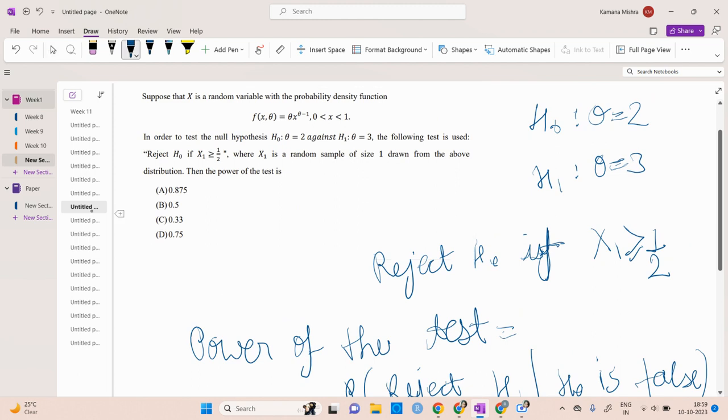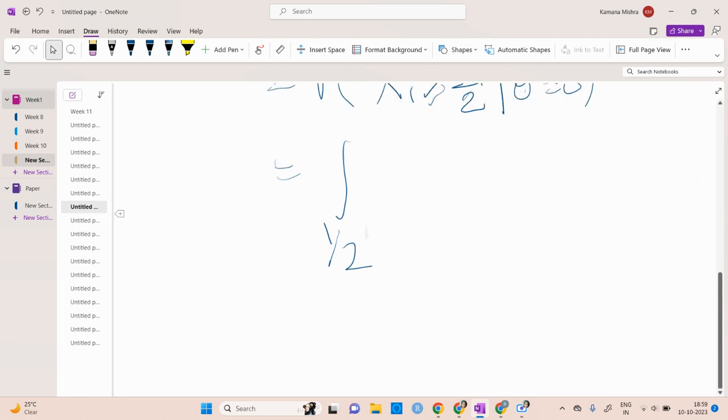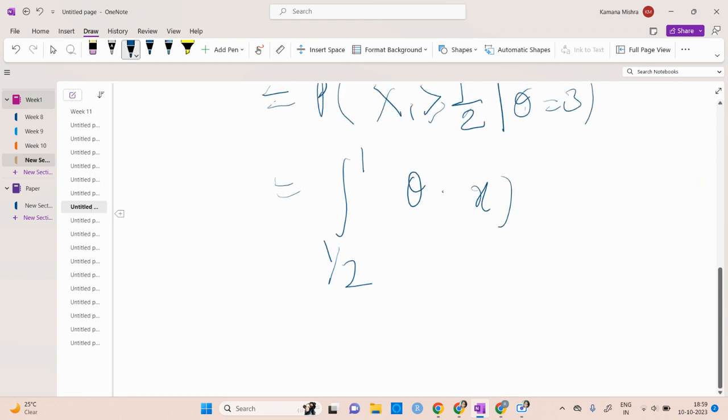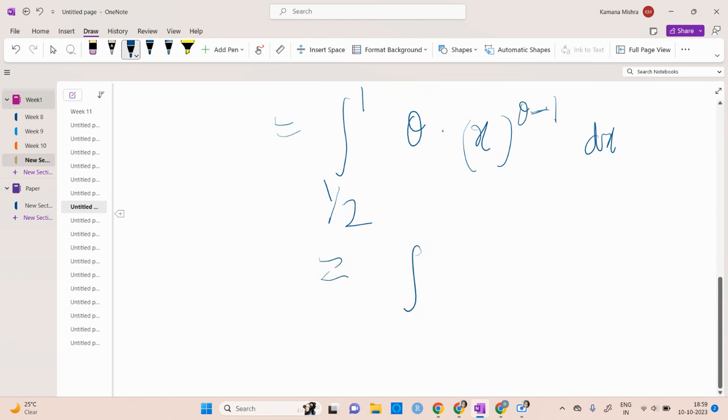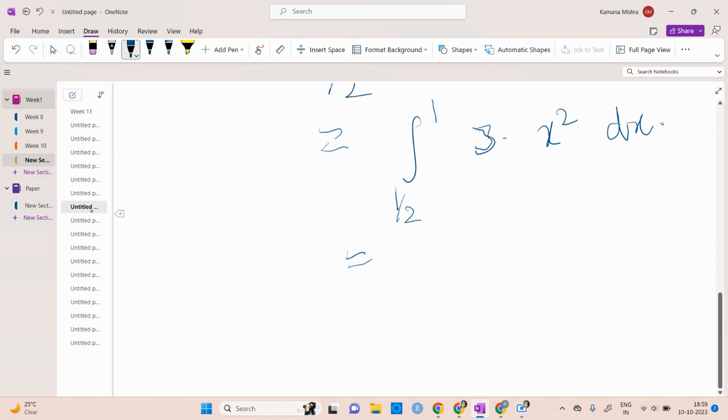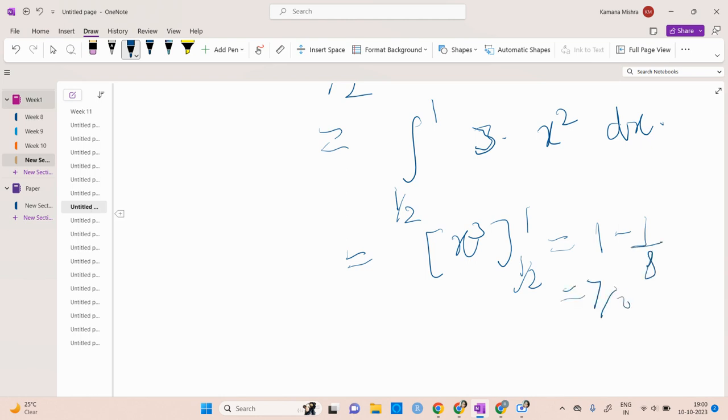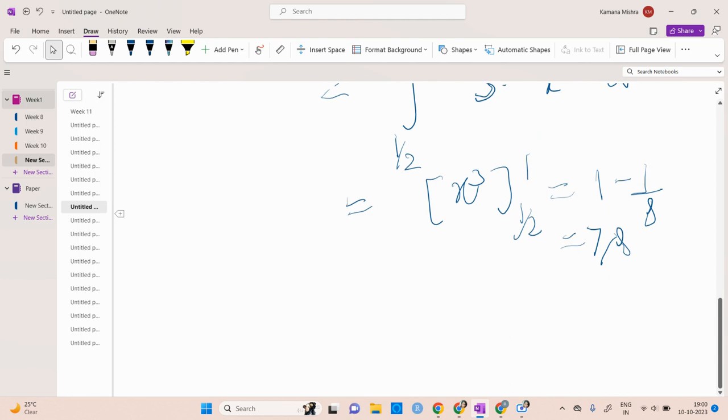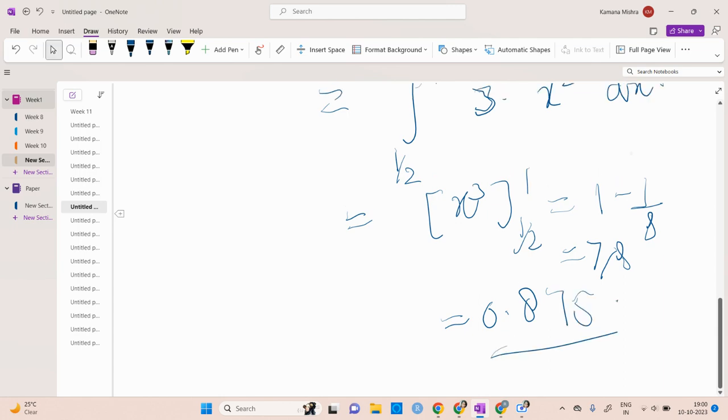Oh, sorry, x is between 0 to 1, so from 1 to infinity it will be 0, so half to 1 of theta x to the power theta minus 1 dx, and theta given here is 3, so it will be half to 1 of 3x squared dx, so it will be x cubed by 3, which will be cancelled out, so x cubed will remain from 1 by 2 to 1, so it will be 1 minus 1 by 8, it will be 7 upon 8, right? 7 divided by 8 is 0.875, so 0.875 will be the answer.